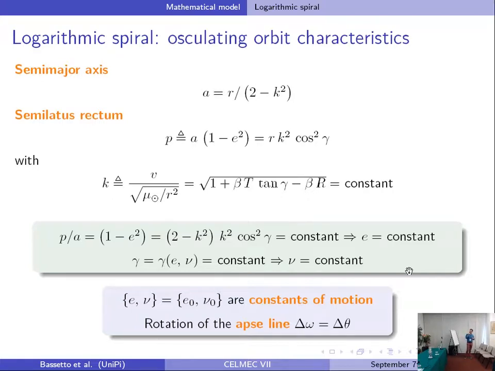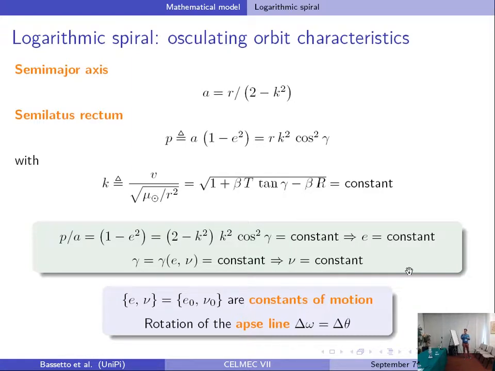You can verify that they are proportional to r, because gamma is, of course, constant, while kappa, which is defined as the ratio between the local speed and the local circular velocity, here there is a mistake because it is mu sun divided by r, is a constant because it depends on beta, t, r, and gamma.